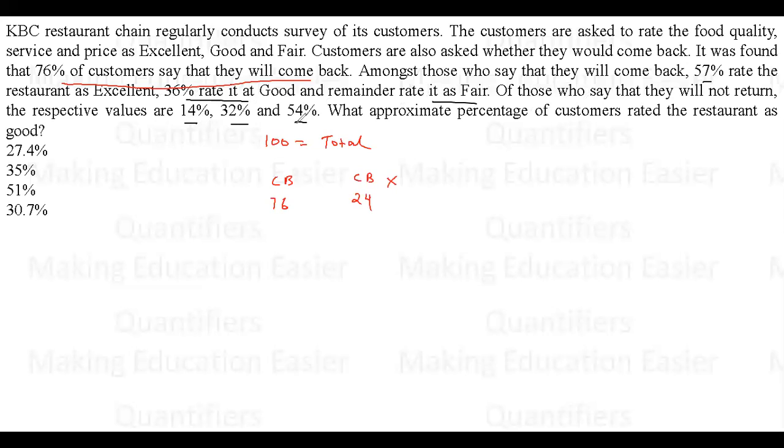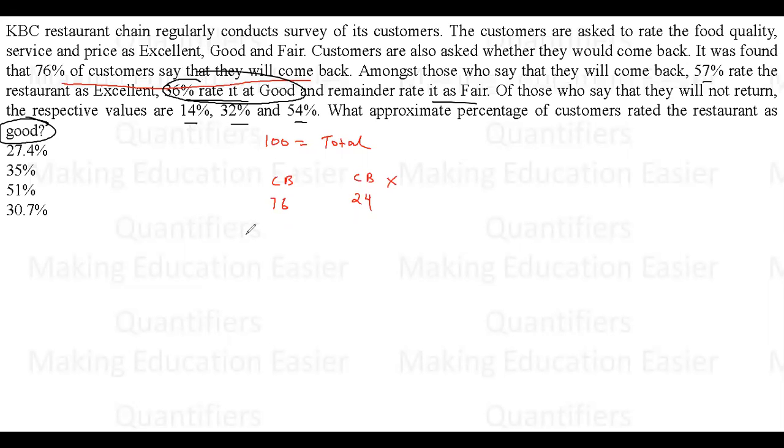Now, students, if you read the question, they are only asking about the percentage of customers who rated the restaurant as good. So we are only concerned about those people who gave the rating good. So out of these 76 customers, 36% rated it as good.